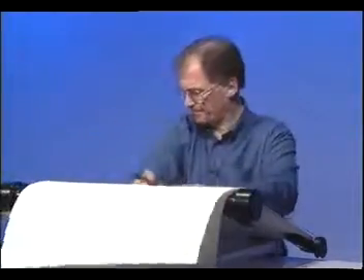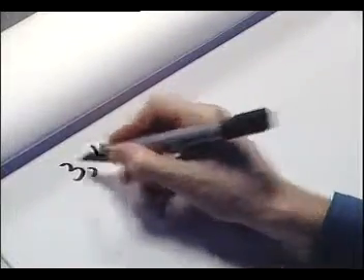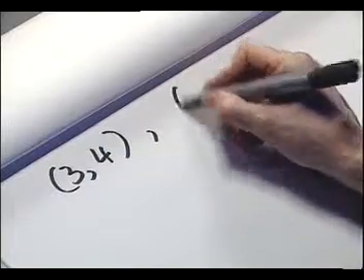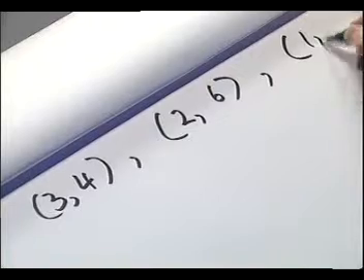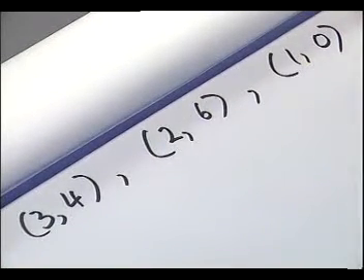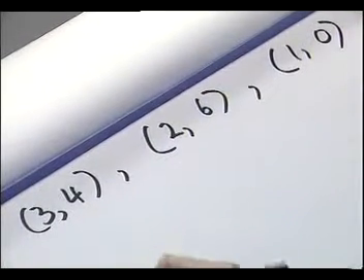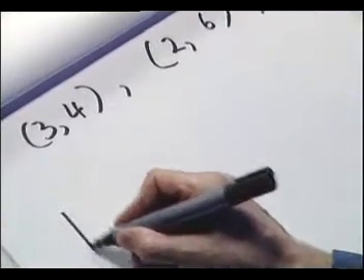So, let's take the 3 points, 3, 4, 2, 6, and 1, 0, and let's see if they do give us a right-angled triangle. So first of all, let's plot these points.